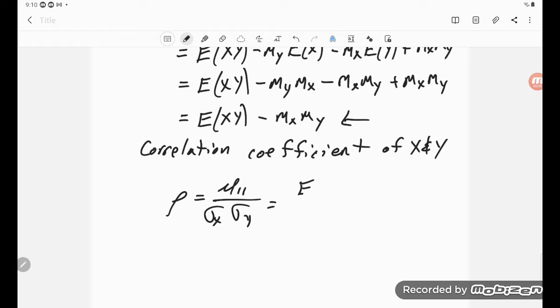So this is our expected value of xy over standard deviation of x, standard deviation of y. Okay, so that's the correlation coefficient.